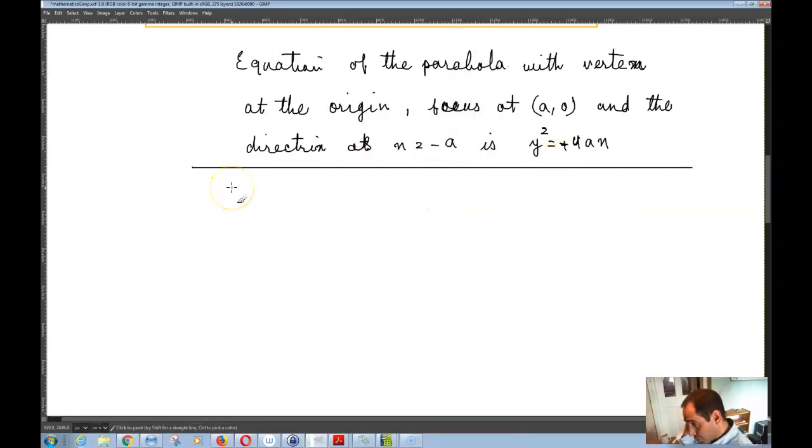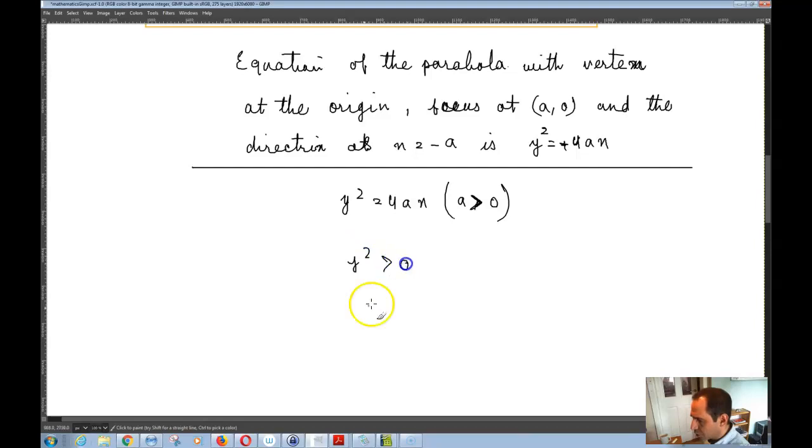Now, as something important to point out here, in this equation we said that we had y squared is equal to 4ax, and we said that a is greater than 0. Now, since a is greater than 0, of course y squared has to be a positive value. Because this is the square of some number, it doesn't matter whether y is negative or positive, but y squared has to be positive.